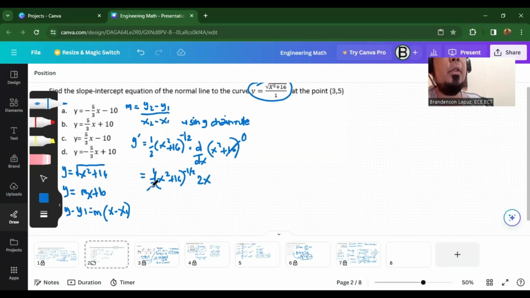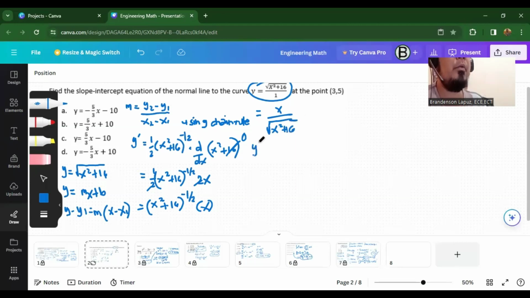So, can we now cancel this? Yes. Moving forward, that would be x squared plus 16 raised to the negative 1/2 times x. Now, can we put this one below as a denominator? Yes. So that would be equal to x all over the square root of x squared plus 16.